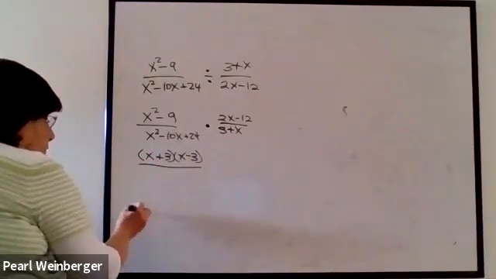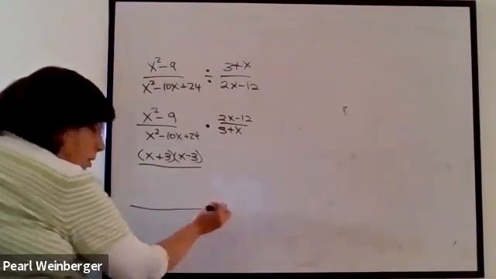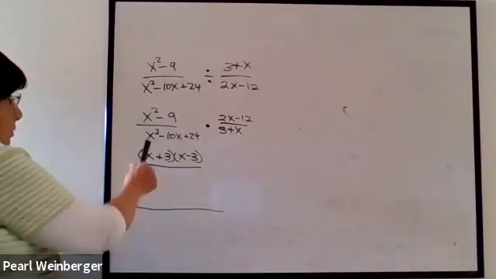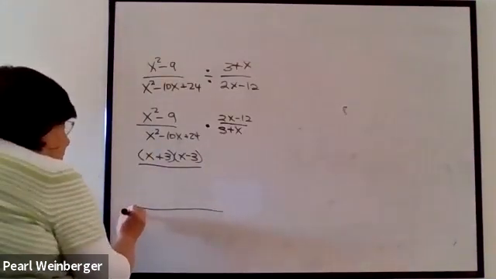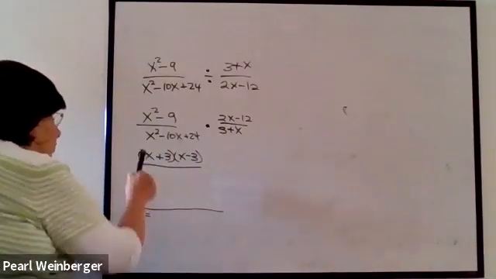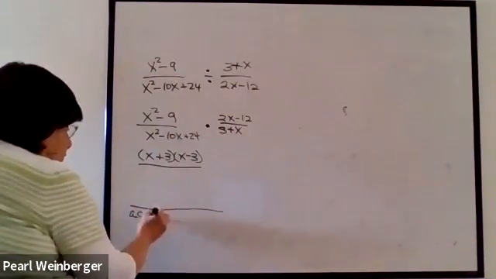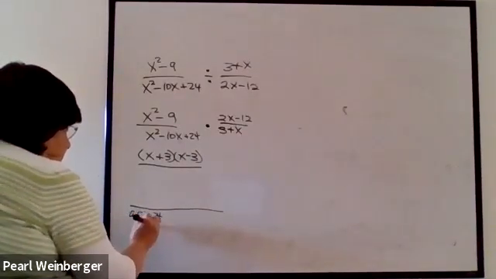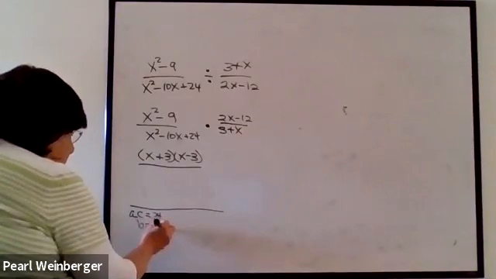I'm going to do the work over here, and then I'm going to write it over here. Okay, so my AC for that one is 1 times 24, which is a positive 24, and my B is negative 10.